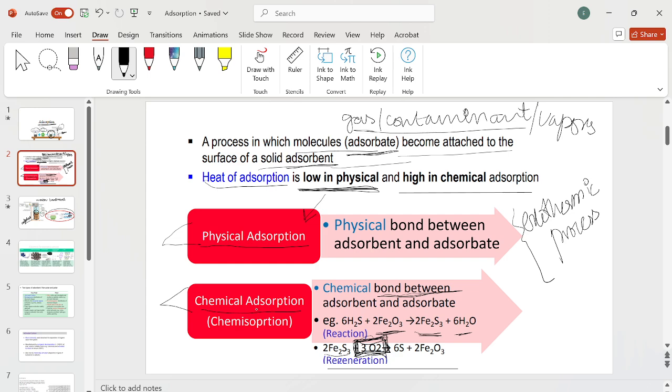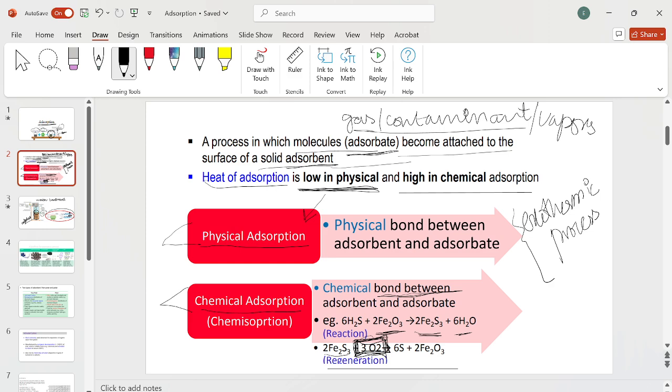But for chemical adsorption, a chemical bond is formed, which is a stronger bond. So you can see the example here: hydrogen sulfide and iron oxides.